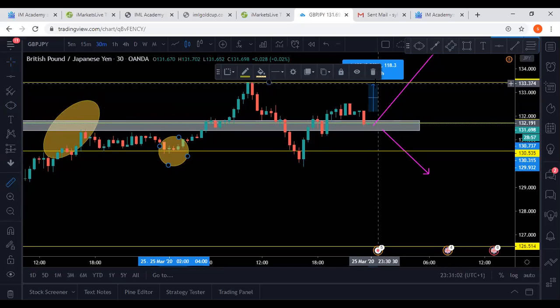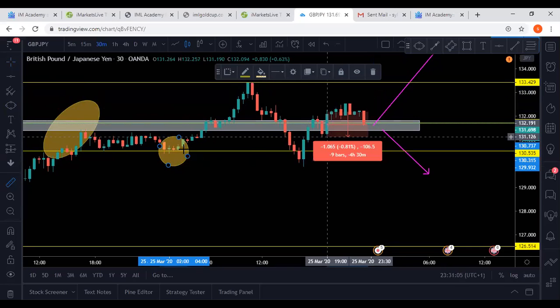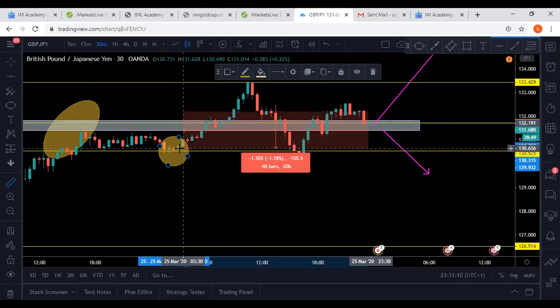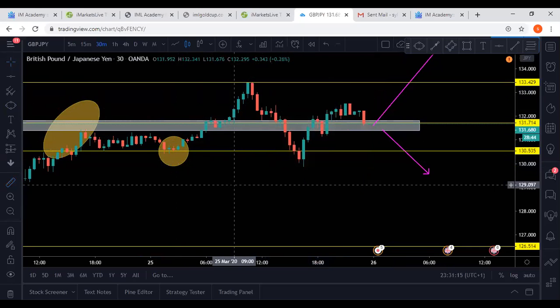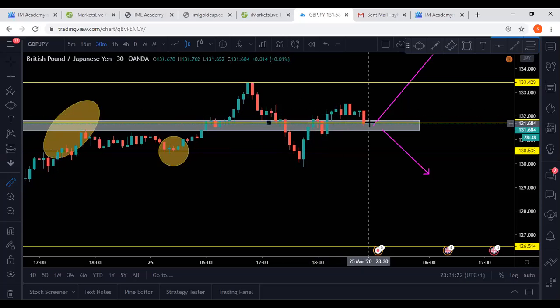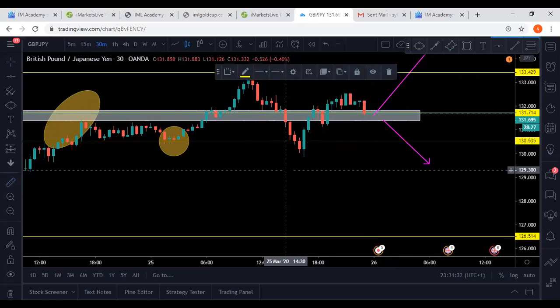To the downside, if it closes me out here, let me see. So I'm showing you guys how to use the ruler. All you have to do is click on the ruler, pick out where you want to enter, and then drag it to the point where you're looking to take profit. That's about 170 pips.